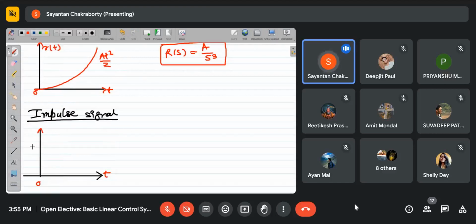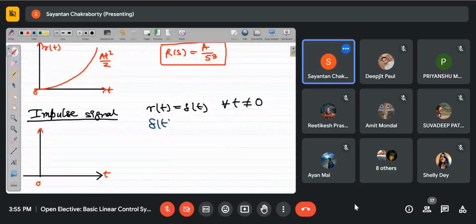Now, if we have an impulse of, say, unity, that is r(t) is delta(t), the Dirac delta function, for all t not equal to 0, where this delta(t) is defined as d/dt of u(t), and the Laplace transform of this delta(t) is 1. s into u(s), s into 1 by s, it is 1.